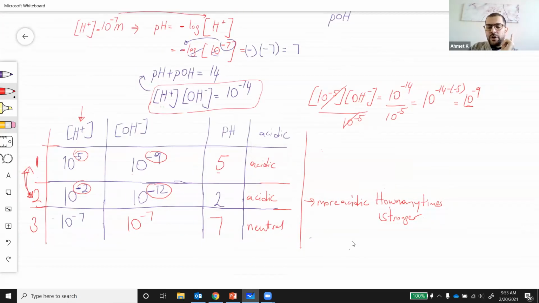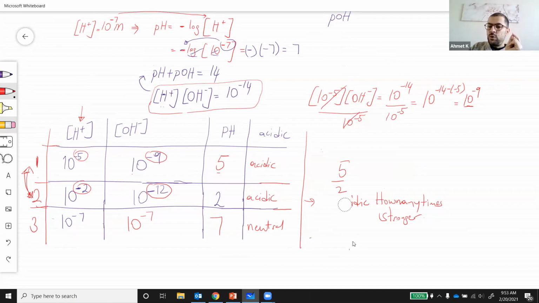Again, if a question asks you how many times stronger it is, you're not just going to divide the pH up. You're not just going to say, oh, it's 5 divided by 2, so twice. No, that will be wrong, because as Thomas was saying, it's going to be the 10 power.